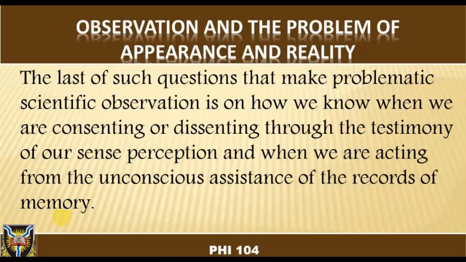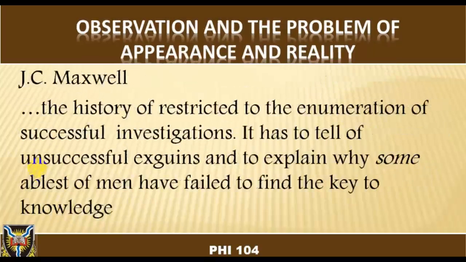The causes of the obvious inadequacy in the reactions of scientists to the above germane questions result in an obvious shift in the truth that scientists have given down the ages. J.C. Maxwell captures this where he says, the history of science is not restricted to the enumeration of successful investigations.